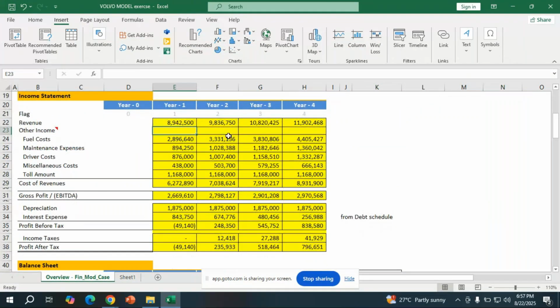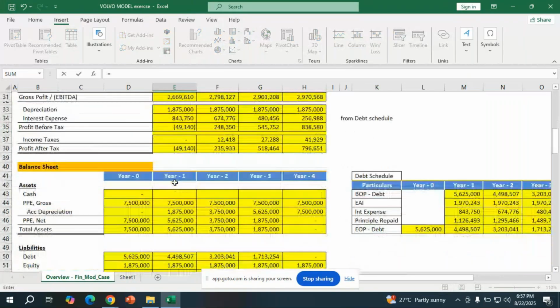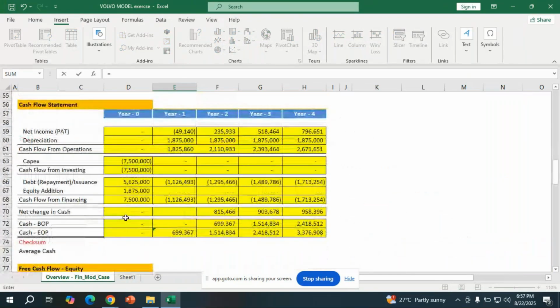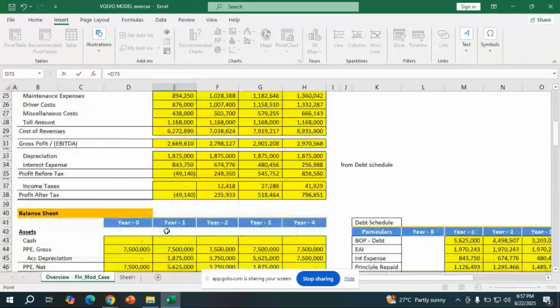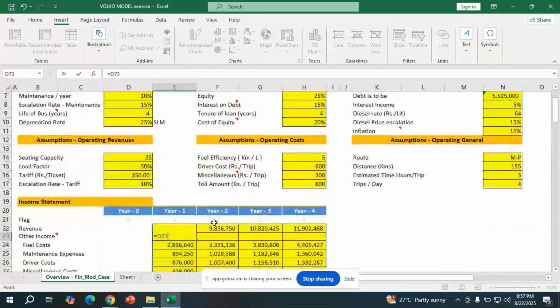So here equals to, yes, this is zero. Take that zero amount into 5%. So it will be zero for year one.